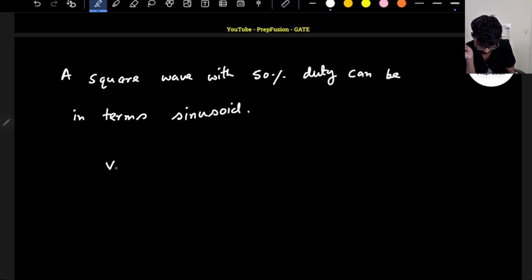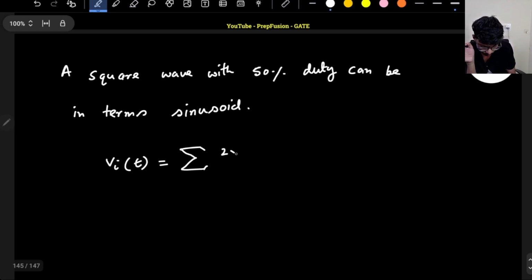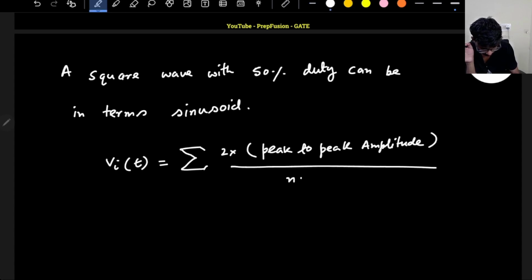So your input Vi of t will be equal to, just trust me here, it is actually equal to 2 into the peak to peak amplitude divided by n pi, where n is varying over 1, 3, 5, the odd harmonics, to infinity. It will go to infinity.